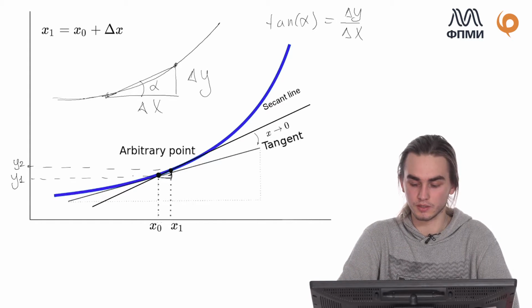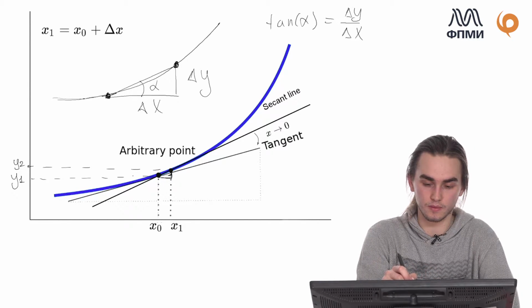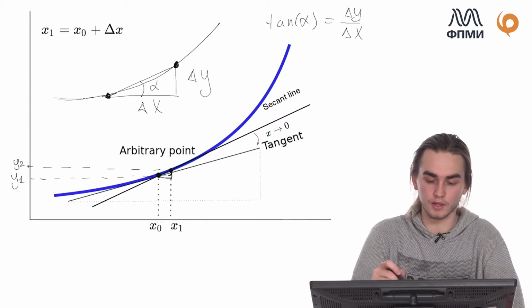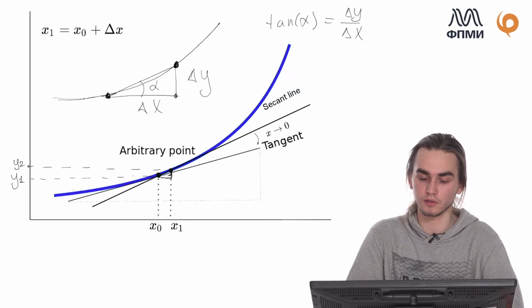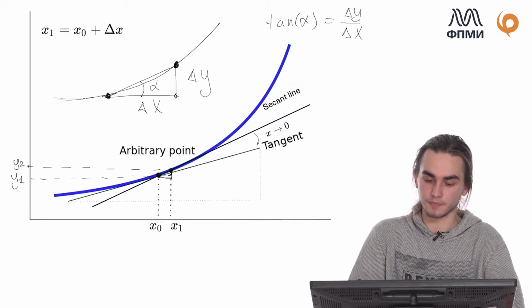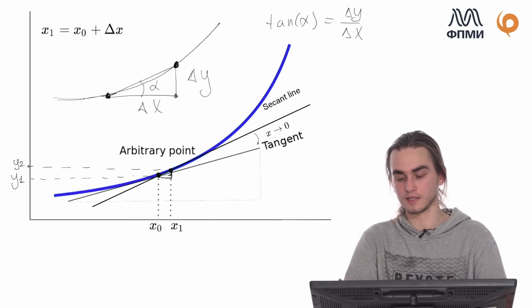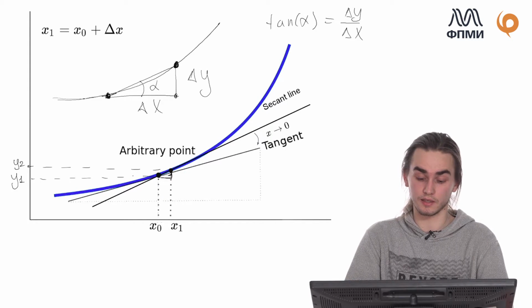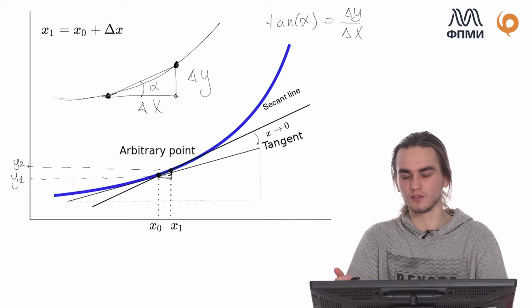So what we're doing here is making the distance between two points as small as we can. So basically smaller and smaller and smaller, and miraculously we're making the second line get closer and closer to the tangent line. So basically we can say that the tangent line is some kind of limit.